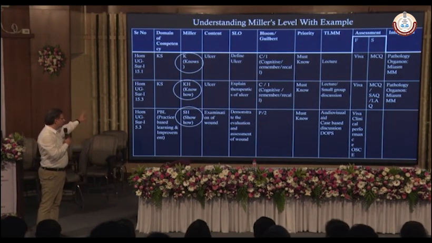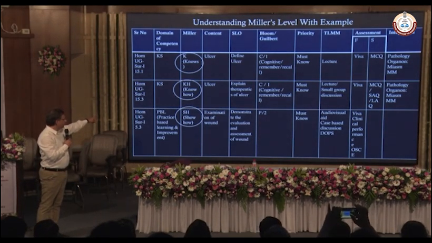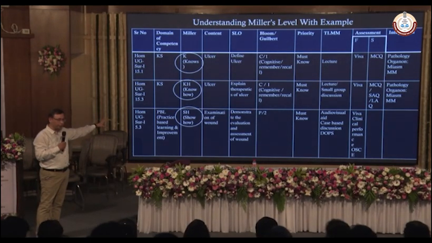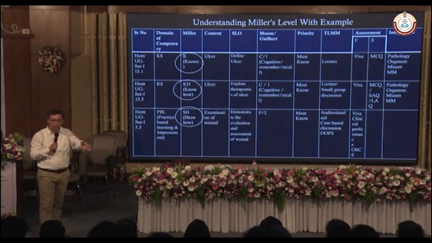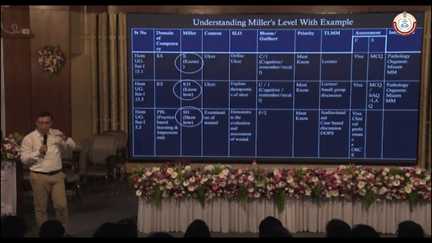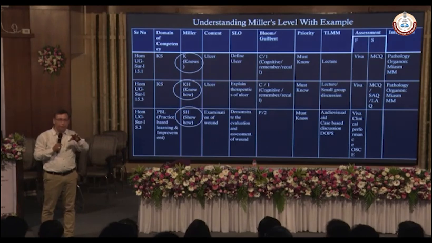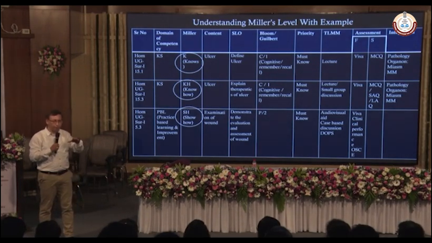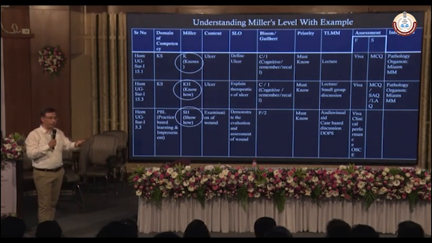Right. In the second example, content is ulcer, SLO is explain therapeutics of ulcer. So it is know-how, because when we teach therapeutics of ulcer, a student has to apply his mind as to in which type of ulcer a particular remedy is selected, acute ulcer, chronic ulcer. So it is not only the knowledge base, but how we apply this knowledge.